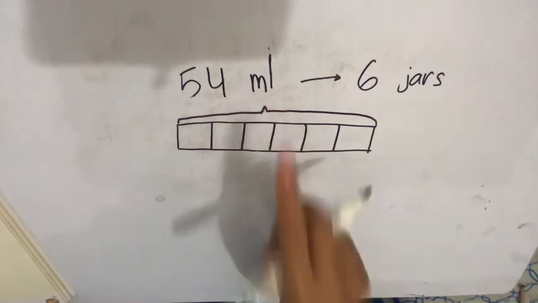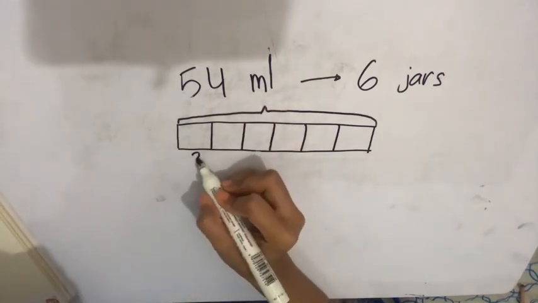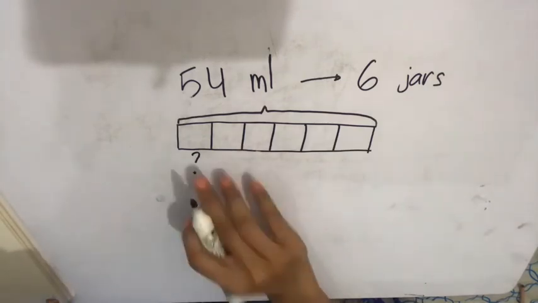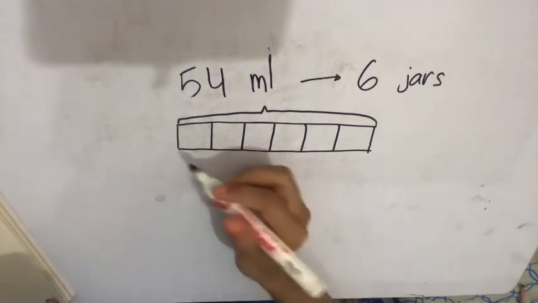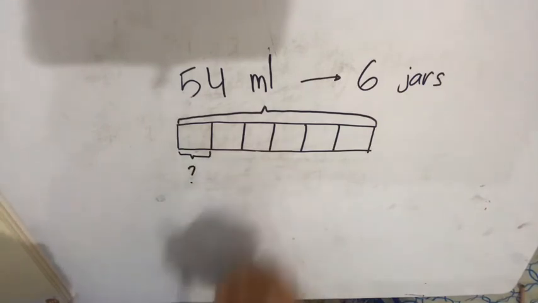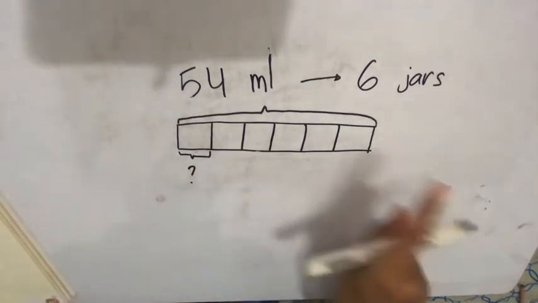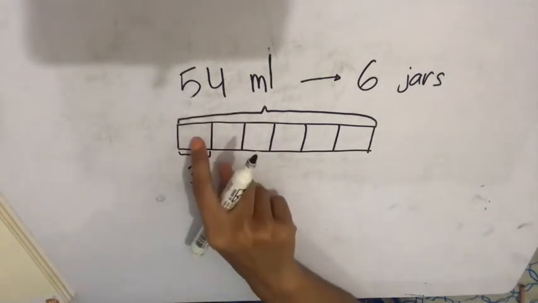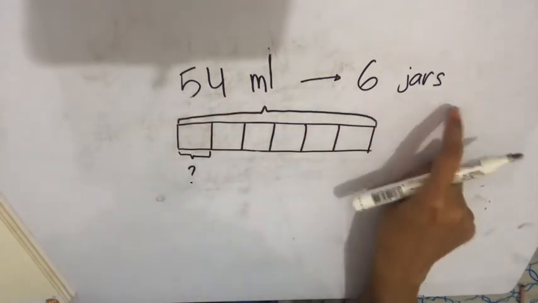What is the capacity of 1 jar? The whole is 54, and one part is divided into 6.